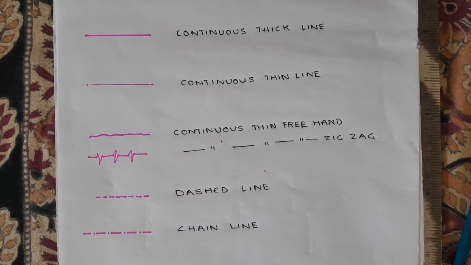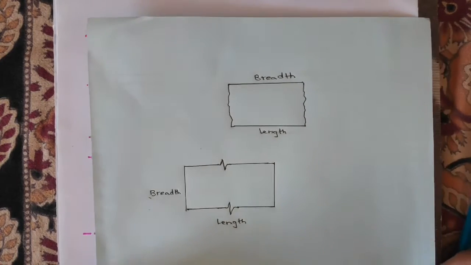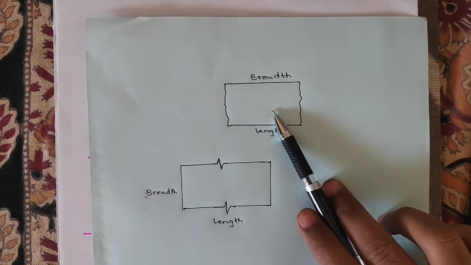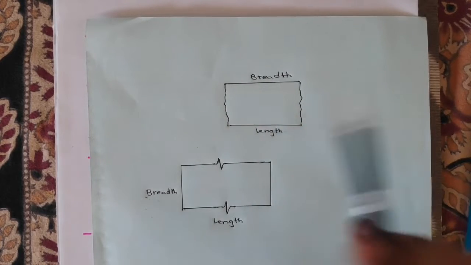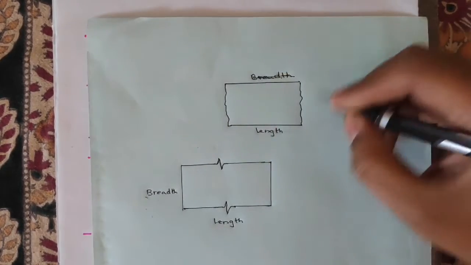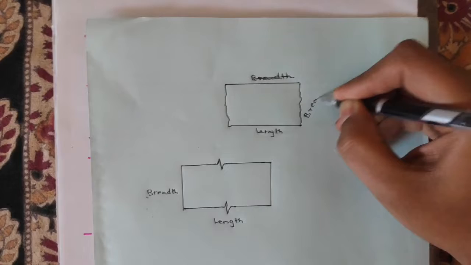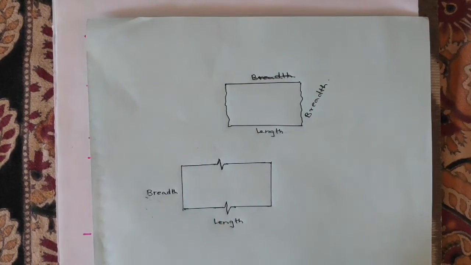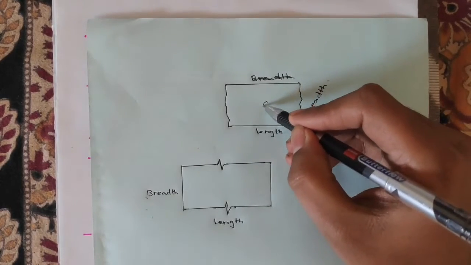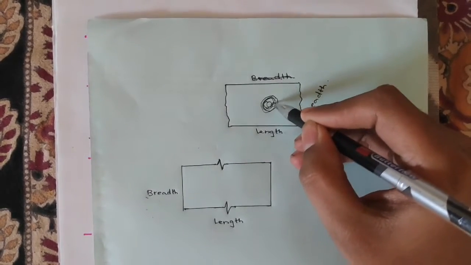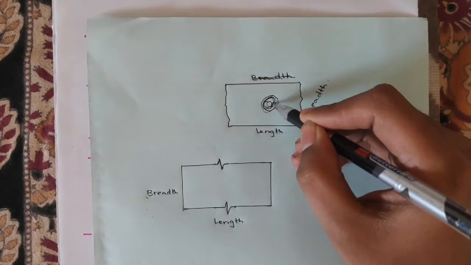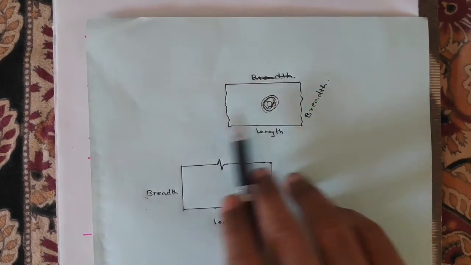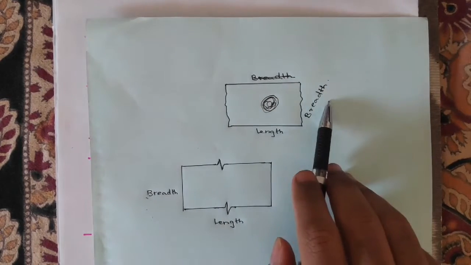Here I have an example to show it to you. You can see I have taken a plate or a rectangle whose length is greater than the breadth, but we are focusing on this particular region of the rectangle, and we are not bothered about where this rectangle ends, either on the left or on the right.